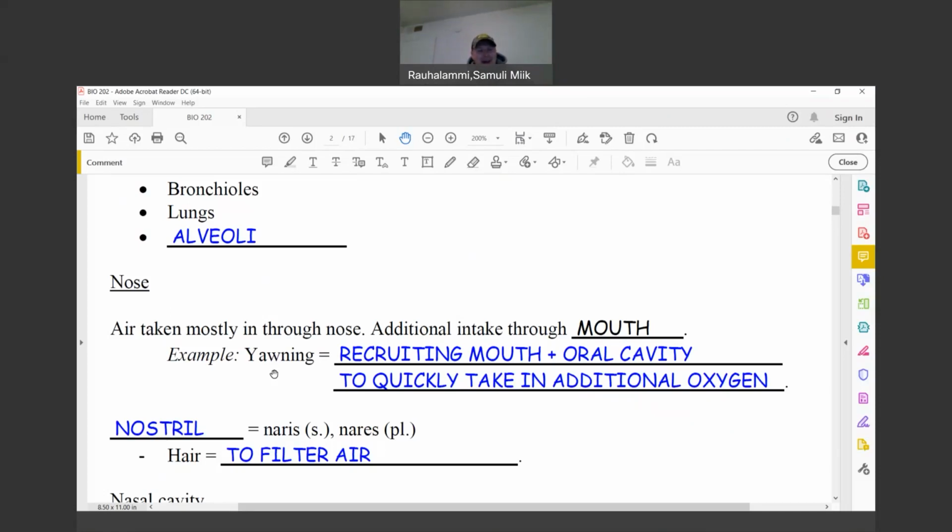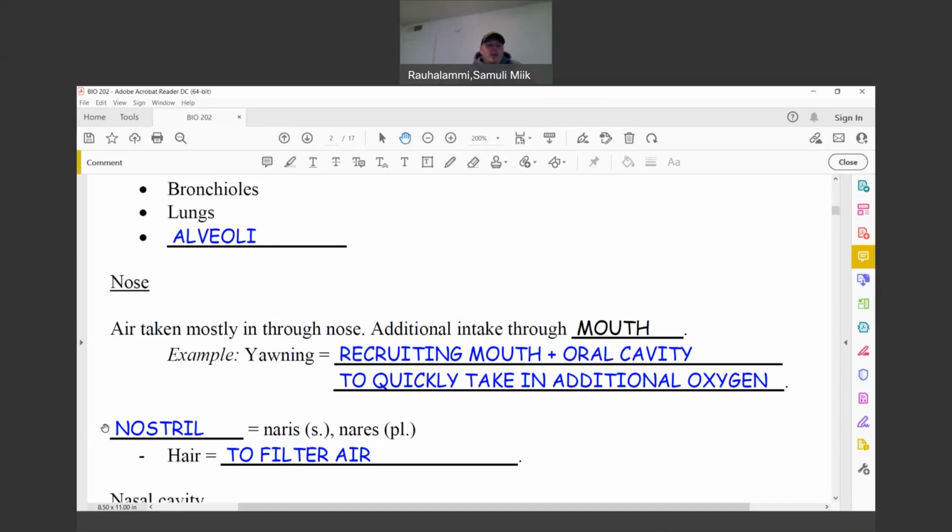Well, I can't think of a better and more efficient way. So for that reason, yawning really is just a way to respond to those reduced oxygen levels. Sometimes we say that yawning spreads in a room, and I think that that's a good example of your physiological responses on that.